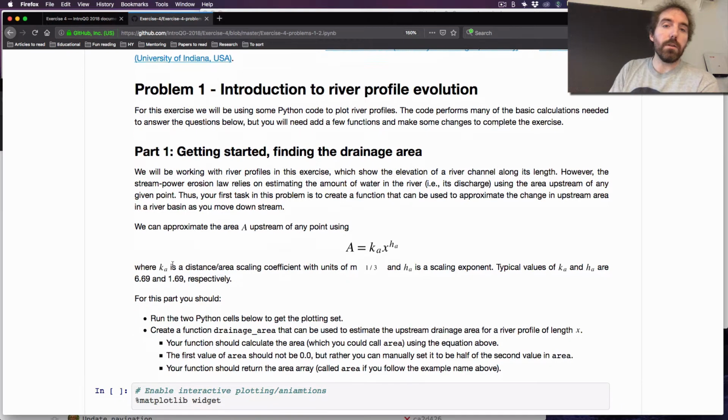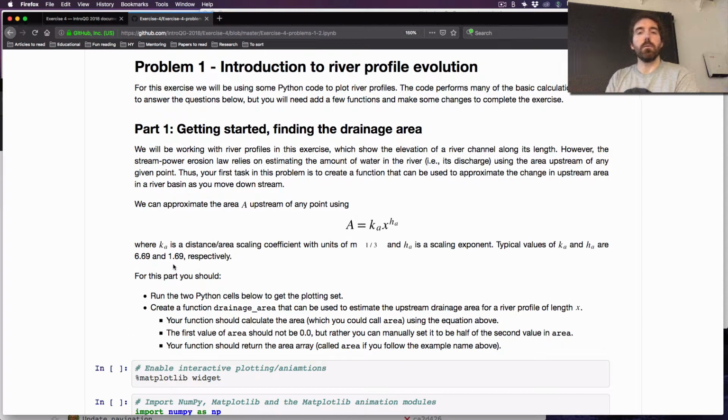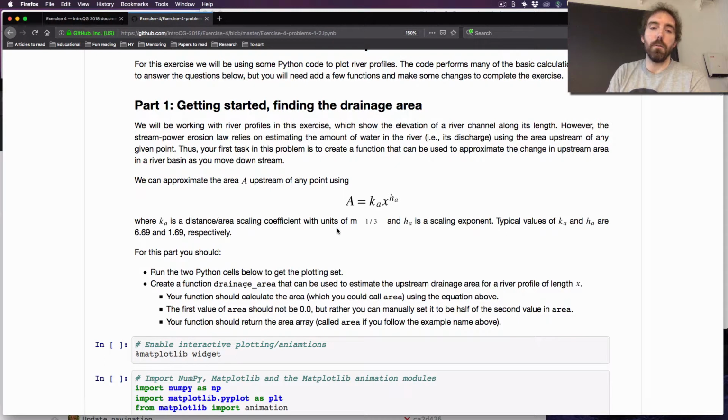So anyway, to start out with the river profile evolution part of the exercise in problem 1, the first thing you're going to do is create a new function called drainage area. And the drainage area function basically uses this equation to calculate what the area is of the river upstream from any point in the river profile.